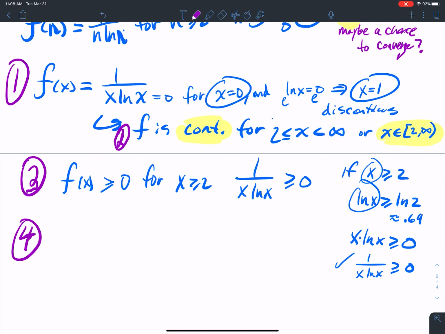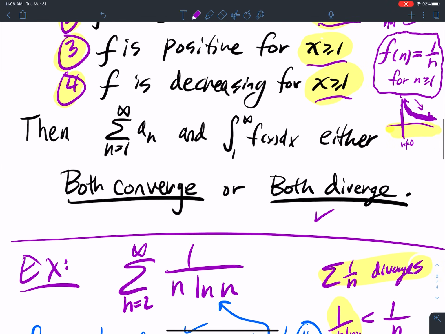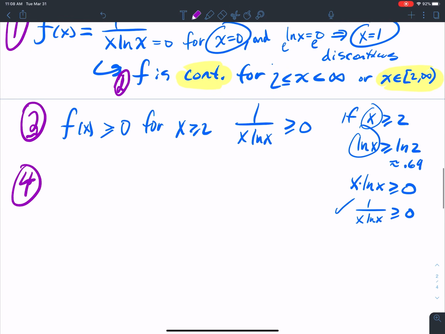Number 4 is going to be decreasing. Now, to prove decreasing, instead of just saying look at the graph, we have to take a derivative. f prime of x needs to be less than 0.